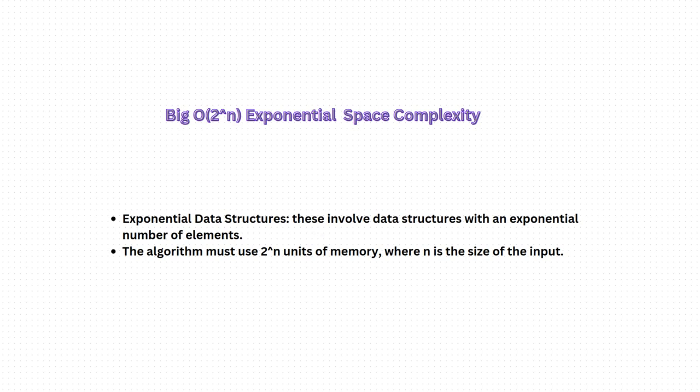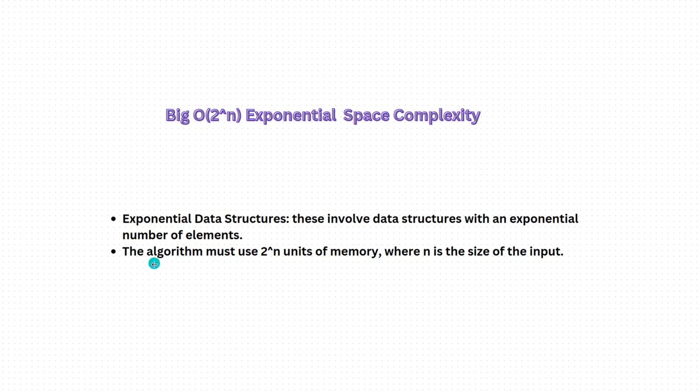This involves a data structure with an exponential number of elements, because the algorithm needs to perform an operation for each possible combination of the input elements. This also means that the time taken by the algorithm doubles with additional input elements.